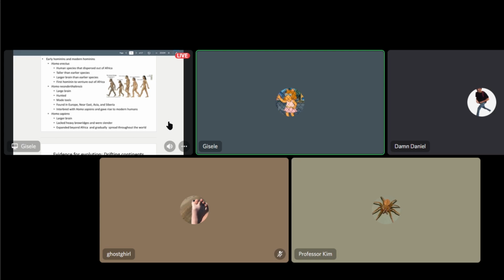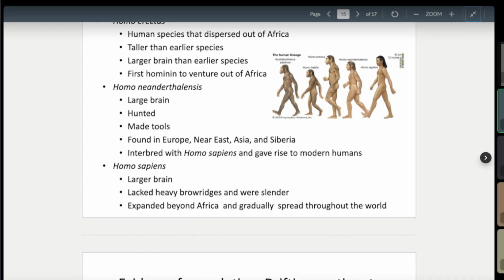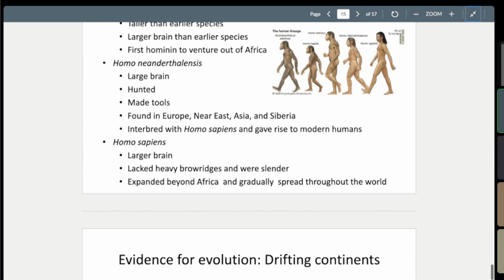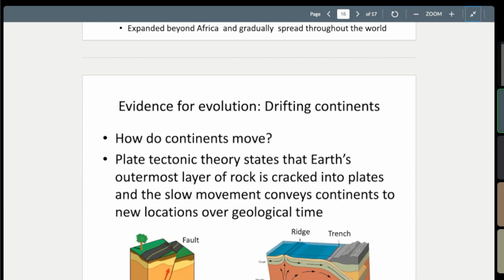Of course, we get to Homo sapiens and their larger brain. They don't have the heavy ridges that the predecessors did. We are more slender, expanded beyond Africa, and gradually spread throughout the world. So now we have inhabited the whole Earth as far as we know.